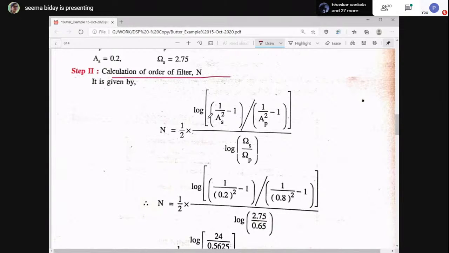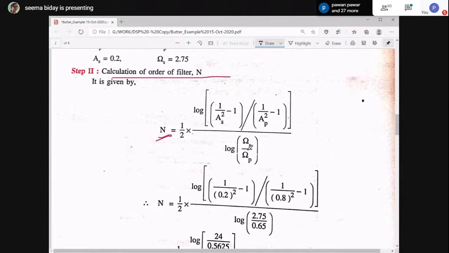You know the conversion, decibel to normal and normal to decibel, right? So now the order of the filter n is equal to half log of (1 by As square minus 1) divided by (1 upon Ap square minus 1), divided by log of omega s by omega p.